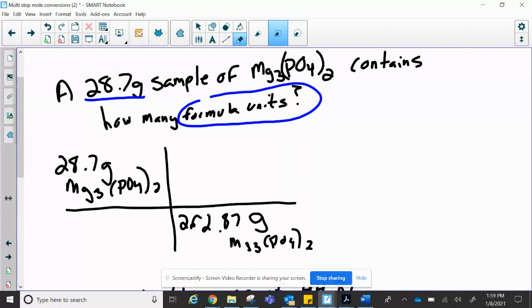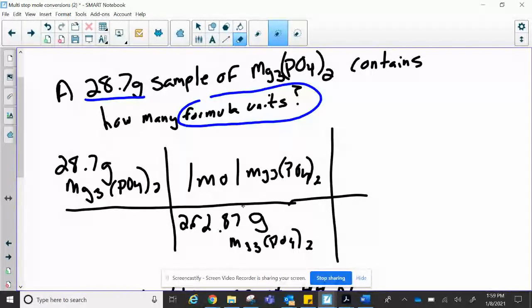Okay, so we know we have 262.87 grams of magnesium phosphate in 1 mole of magnesium phosphate. Now, of course, I got rid of grams, but I'm trying to get to formula units. I'm not there yet. I'm in moles.